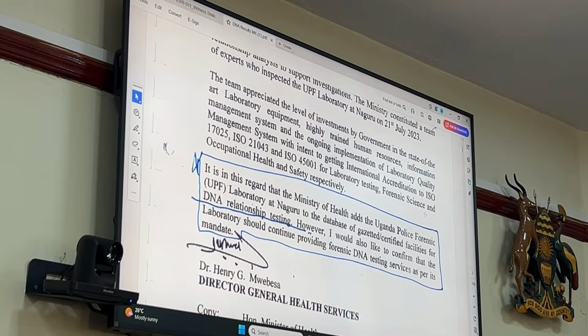It is in this regard that the Ministry of Health adds the Uganda Police Forensic UPF Laboratory at Nakawa to the database of gazetted, certified facilities for DNA relationship testing.